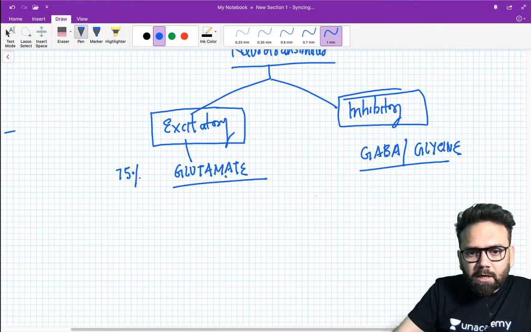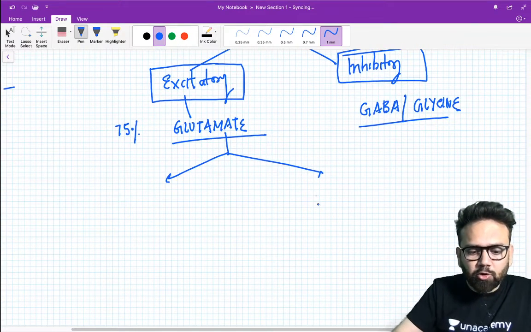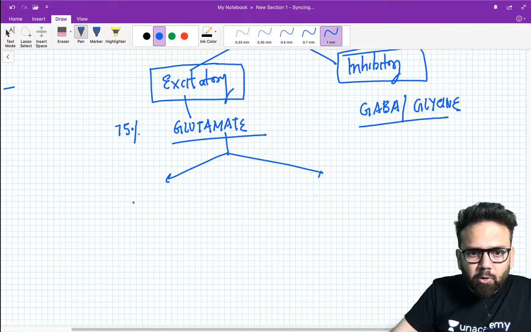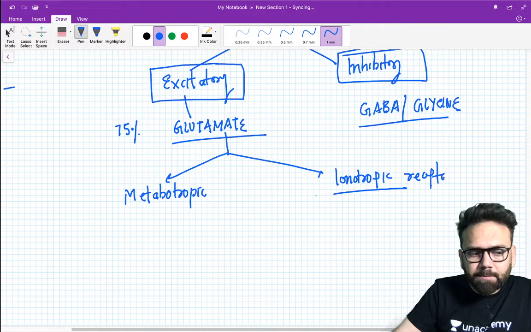Now tell me, does glutamate have a metabotropic or an ionotropic receptor? Which type of receptor is in glutamate? Yes, both. Metabotropic as well as ionotropic.